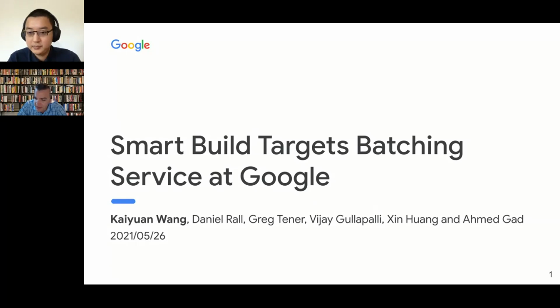Bruno is asking, have you talked about trying to predict what to cache in order to improve the build time? Would that make sense? I think the stuff to cache is more deterministic, because when you run the build, you know the content of the files you touched, and then you can compute a deterministic hash, which can hit the cache.